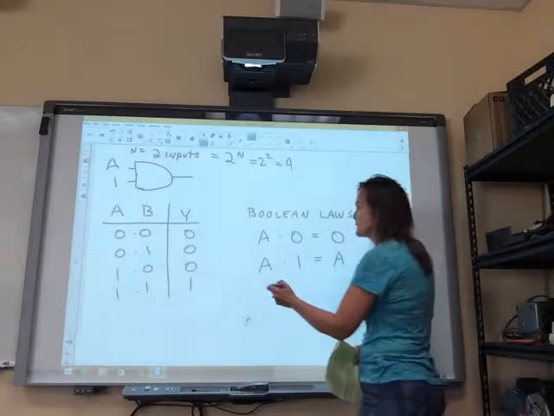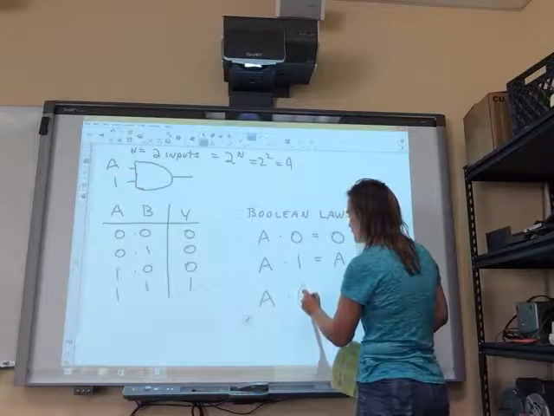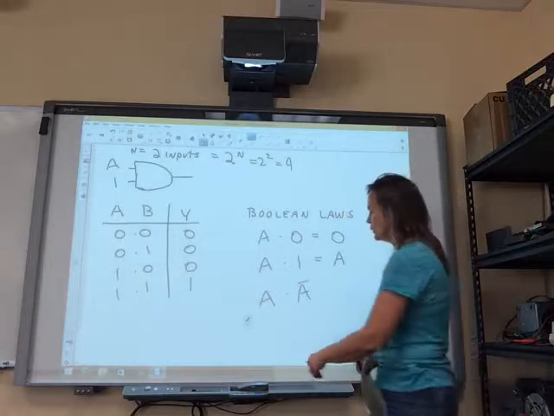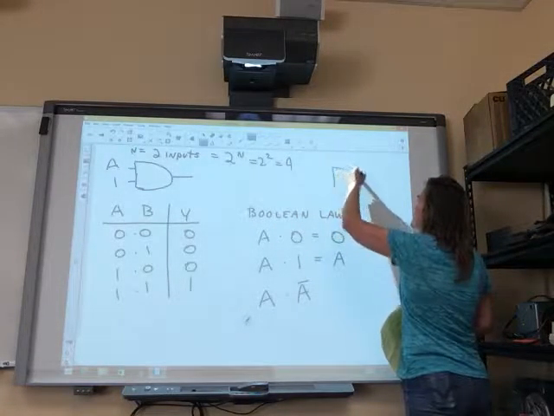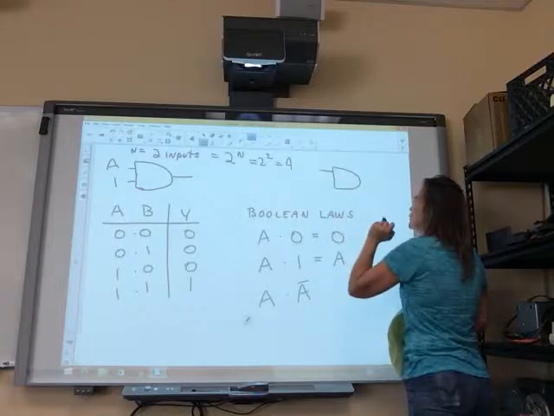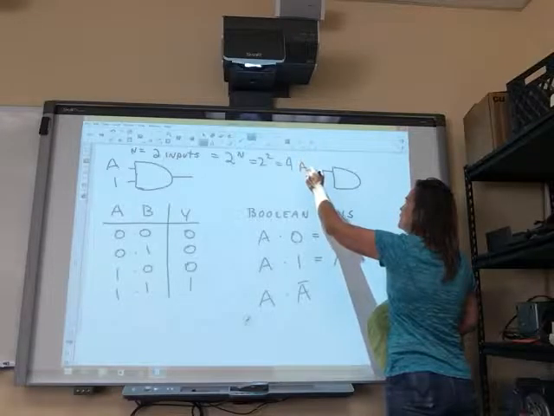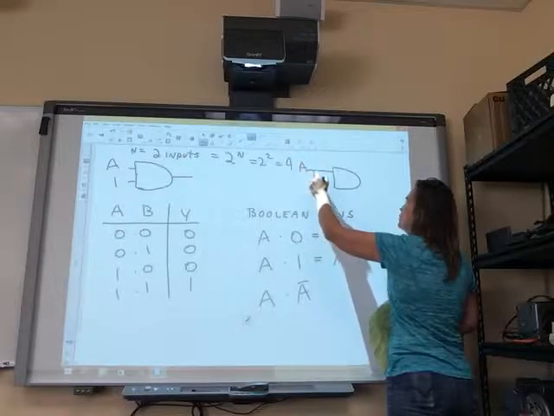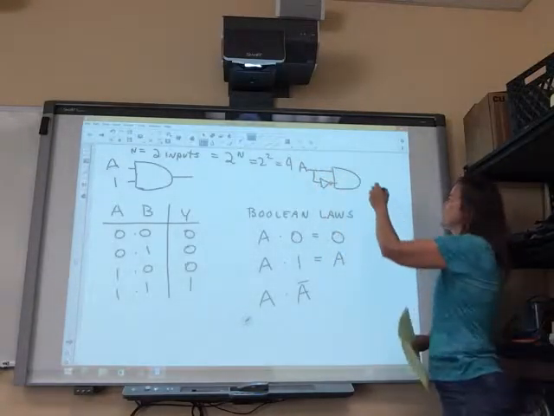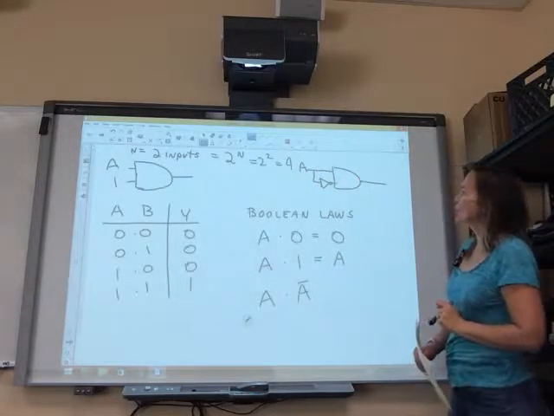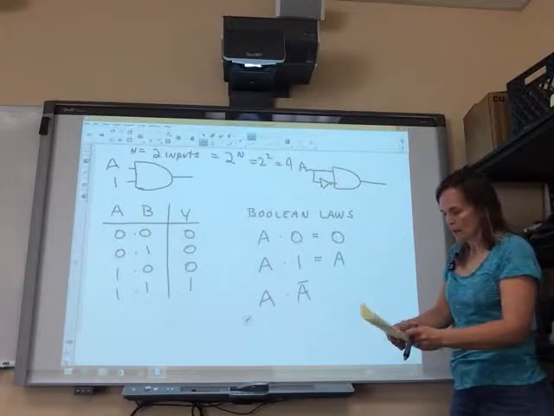Now let's take the case of A and not A. What I'm going to do here is redraw this AND gate over here, where A could be high or low. But for the input of B, we're going to send whatever A is through an inverter and then send it in. And we're wondering, what is the output going to be in this case?